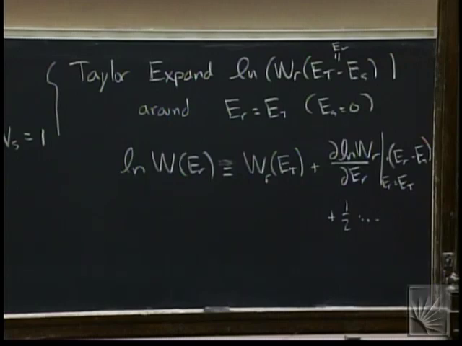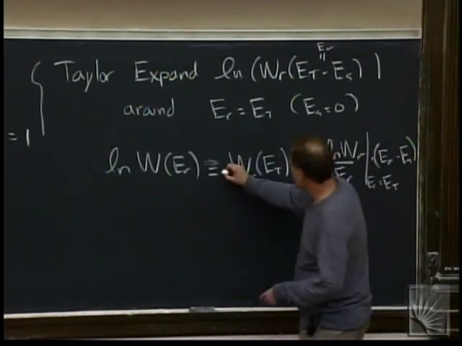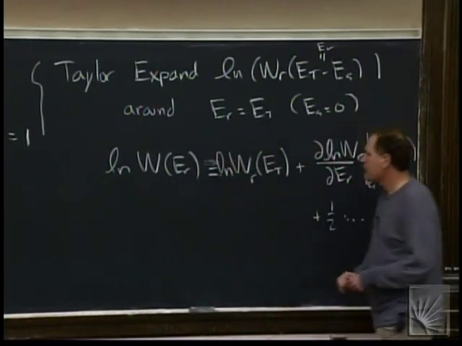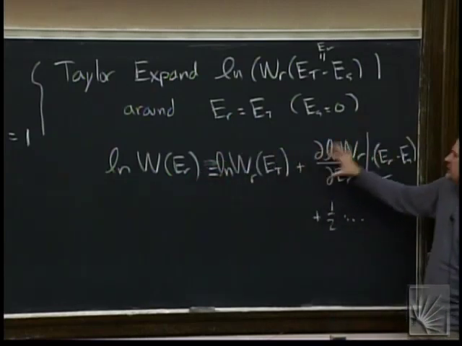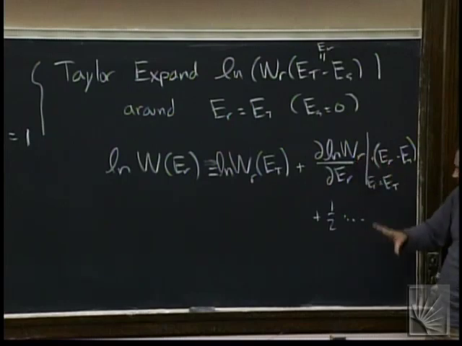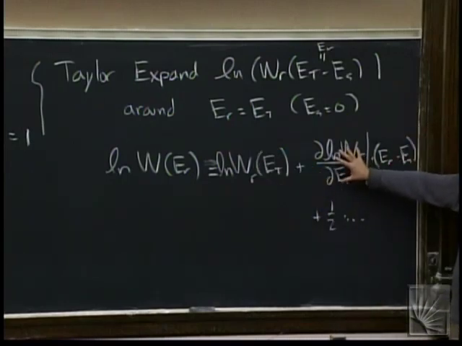And so the statement I won't prove is that if I take the logarithm and then do a Taylor expansion of the logarithm, that's a slow enough function that this term will be big, and this term will be small.